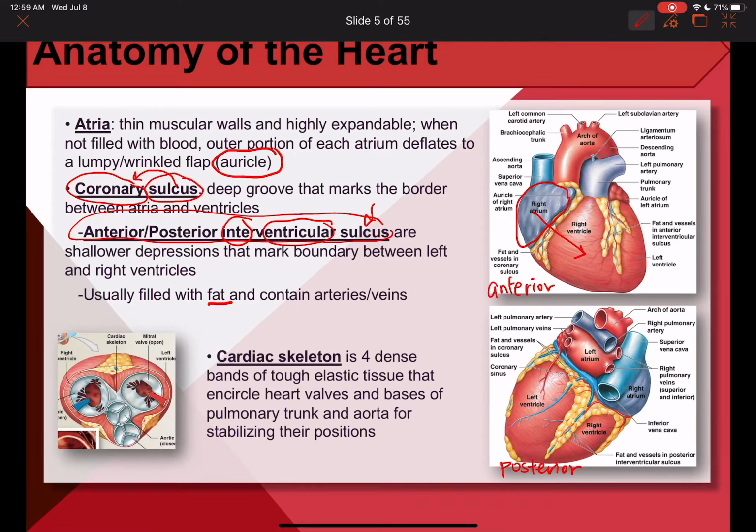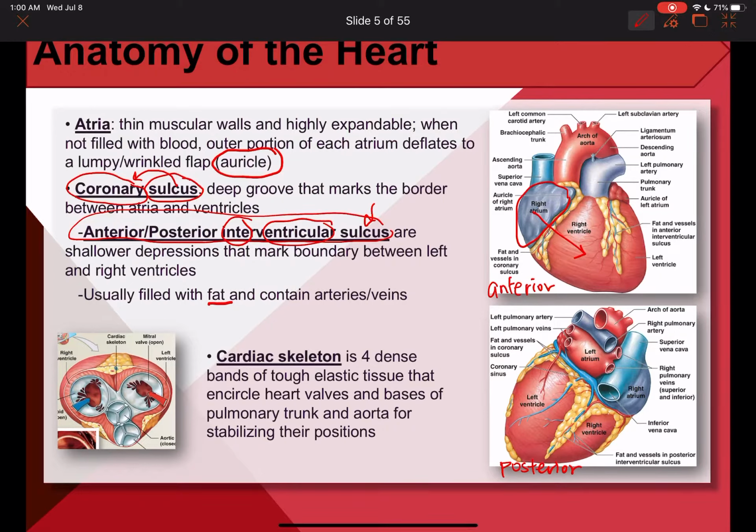All right, and inside of the heart, there are tougher tissues that make up what's called the cardiac skeleton. It's not an actual skeleton, it's not bones, it's not osteons. There's no osteon within that area. There's no dense versus spongy bone. It is just called skeleton because it's a tougher tissue located within the heart.